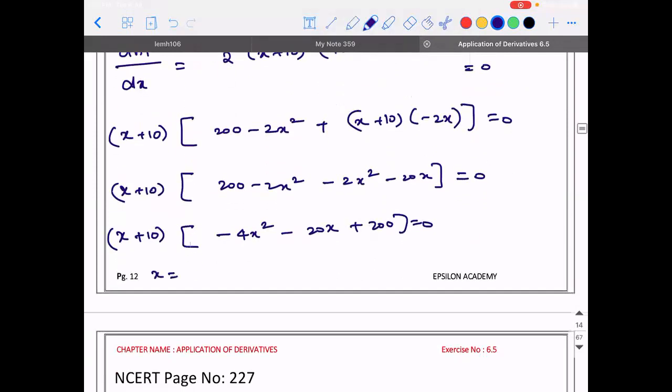So let's finish with this problem. x is equal to minus 10 is not possible. This will be plus, plus, and this will be minus. So what will be the factor here? It will be x square plus 5x minus 100. Now it will come down. It will be x plus... So 100, how can you write it?